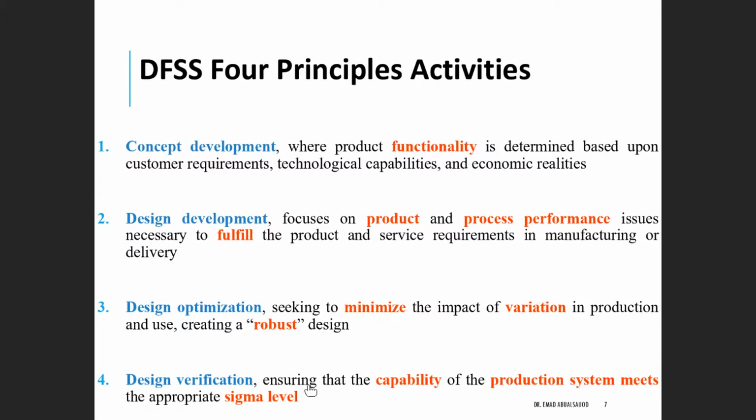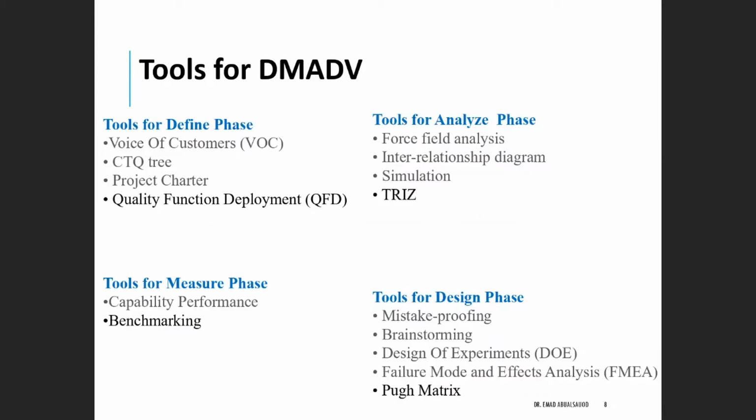Those are the 4 key activities or principal activities in the design for Six Sigma. And the tools for DMADV, as we talked about in the DMAIC, the Six Sigma methodology has a very good advantage, and that's why it's commonly used in improving and solving problems.